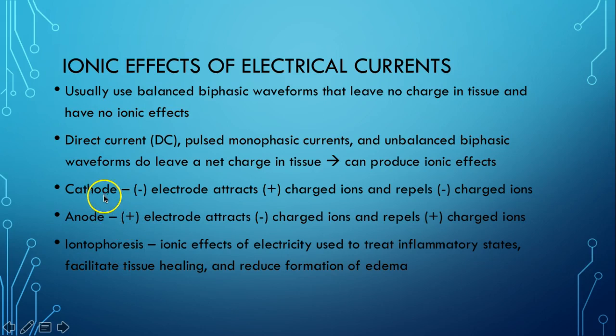So we use this principle when we're talking about iontophoresis. When we're trying to drive a medication into a tissue, it's important for us to know the polarity of the medication we're using and also the pad we're using. The ionic effects of electricity are used to treat inflammatory states, facilitate tissue healing, and reduce the formation of edema.